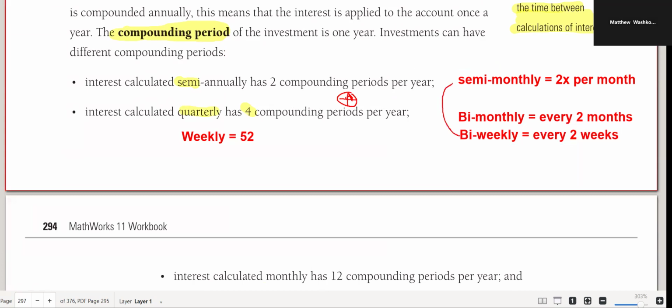Well, isn't this the same thing? No, because bi-weekly is every 2 weeks, and there's 52 weeks, so this is 26 times. Whereas semi-monthly, 2 times per month, there's 12 months in a year. Doing it twice per month, 24. So it's a little bit different.